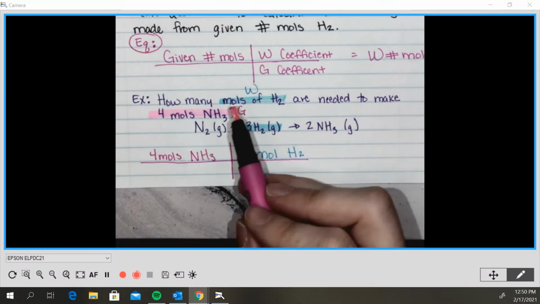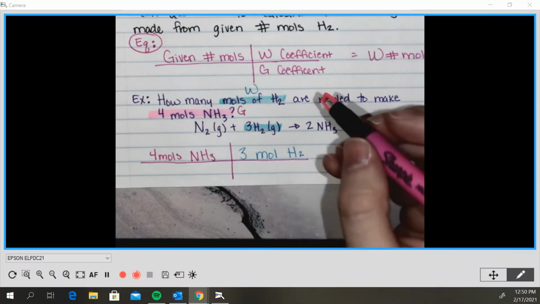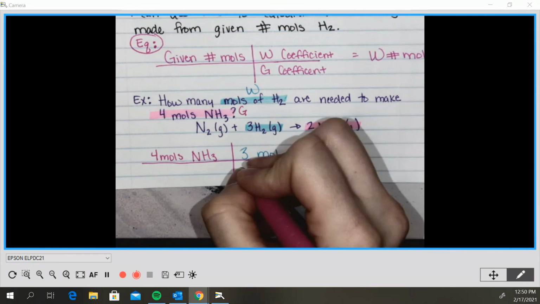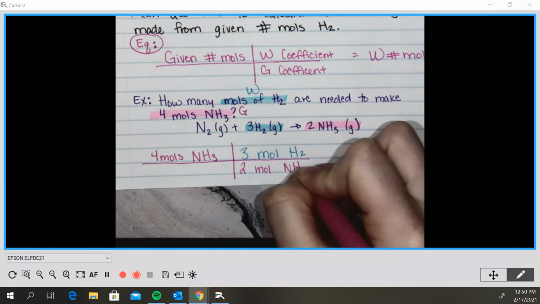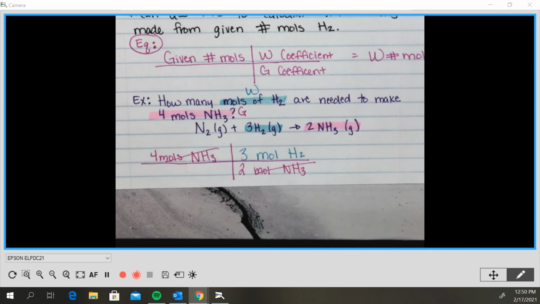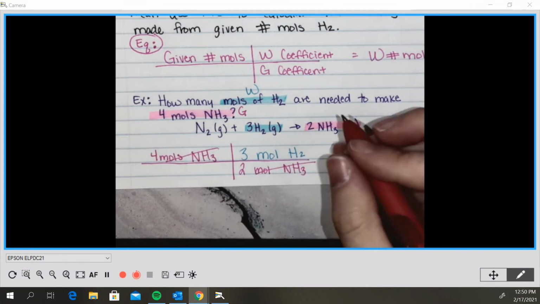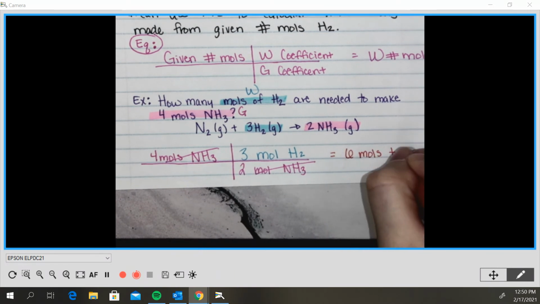My given is NH3, so I find NH3 in this balanced chemical equation and write down the coefficient in front of that, which is 2. And we would write mole NH3. Moles of NH3 then cancel out. That leaves us with 4 times 3 divided by 2, which gives us an answer of 6 moles of H2.